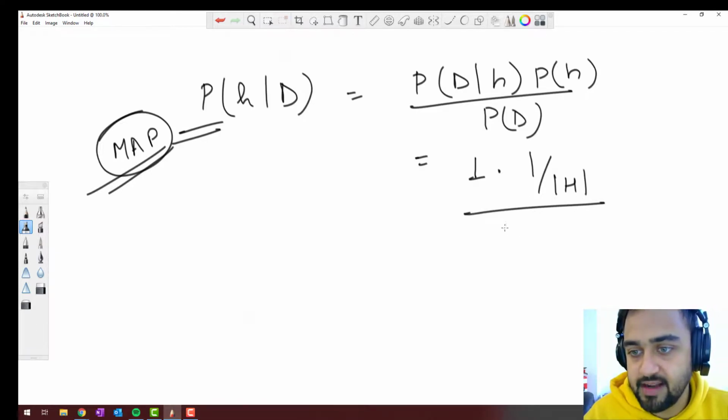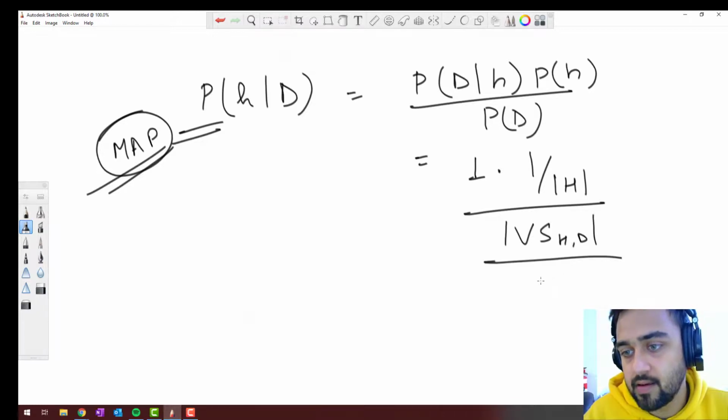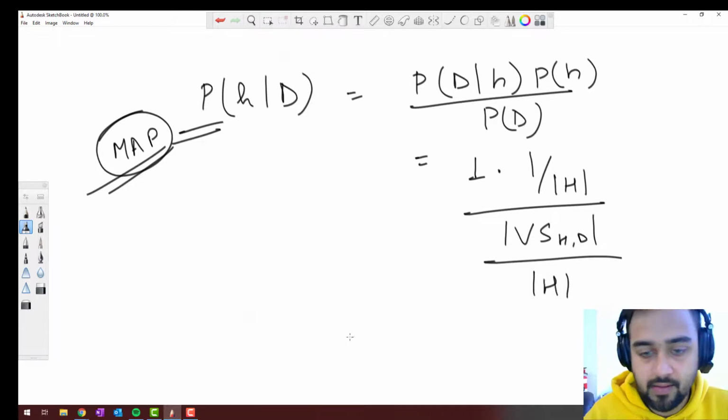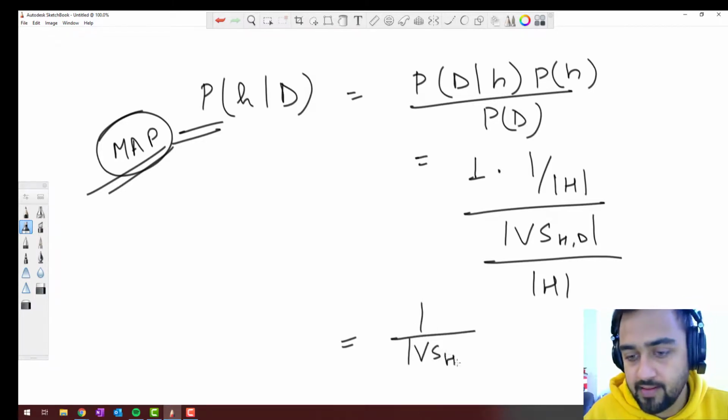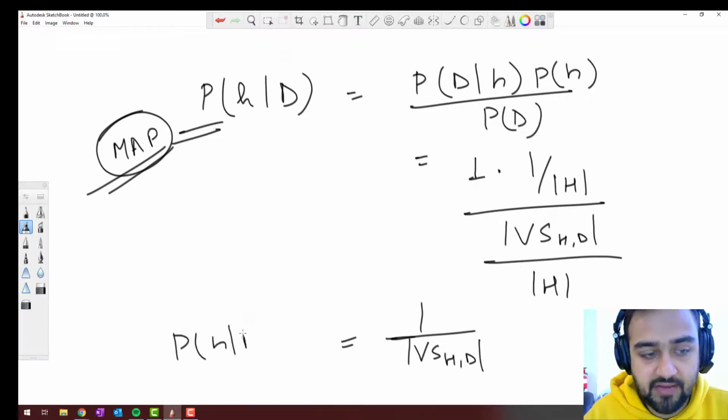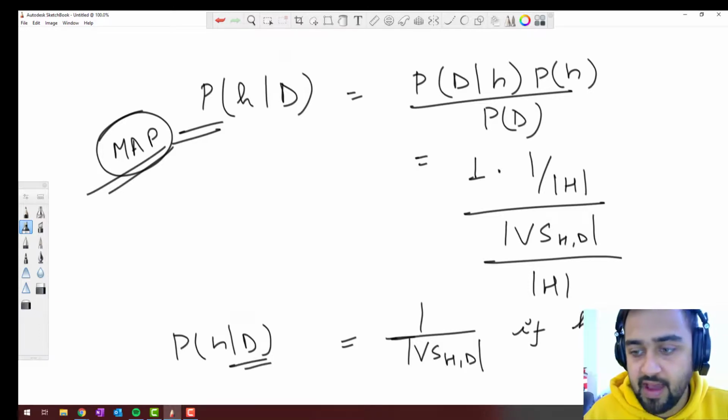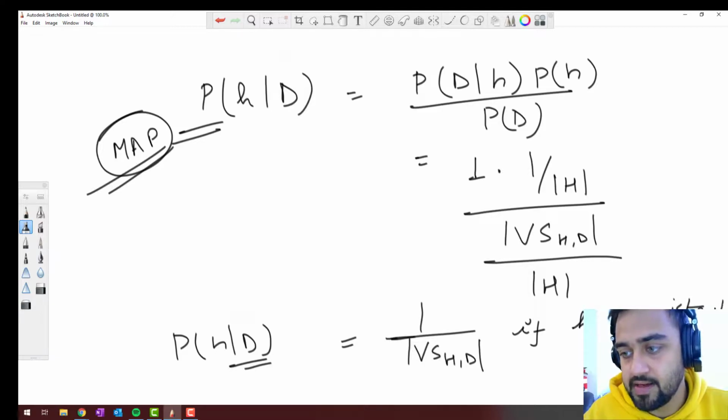Replacing the values back, we get 1 over mod of VS, the size of the version space, that gives us the probability of H given D if we have H consistent with data, otherwise 0.